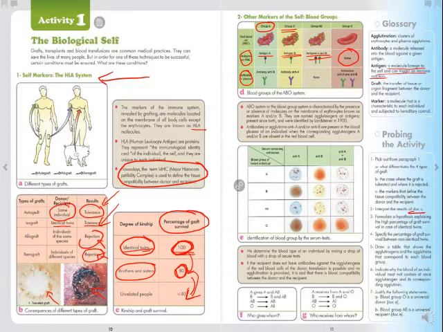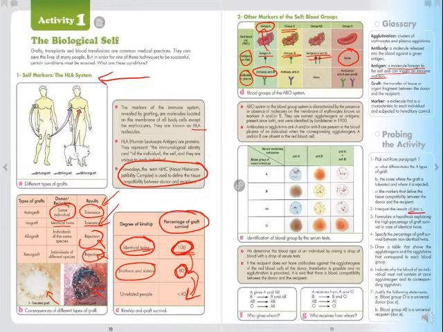Moving to the antibody. Antibody is something that can attack the antigen. So if we have antigen A, meaning that we have blood group A, the antibody should be different from antigen A. So we should have antibody B. As a conclusion, the blood group has the same antigen but a different antibody.